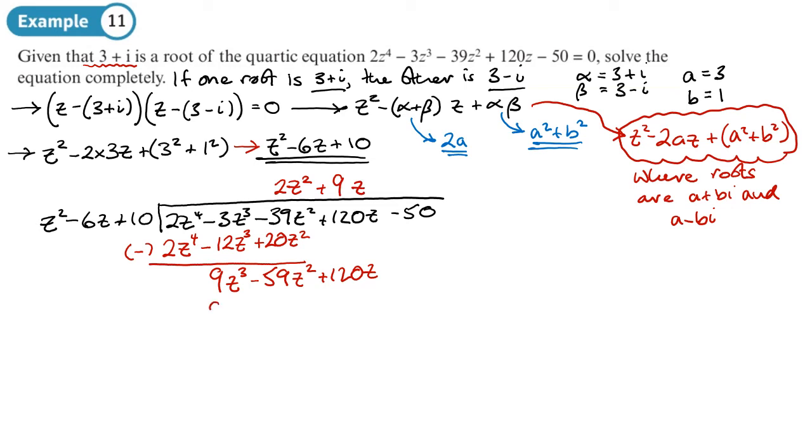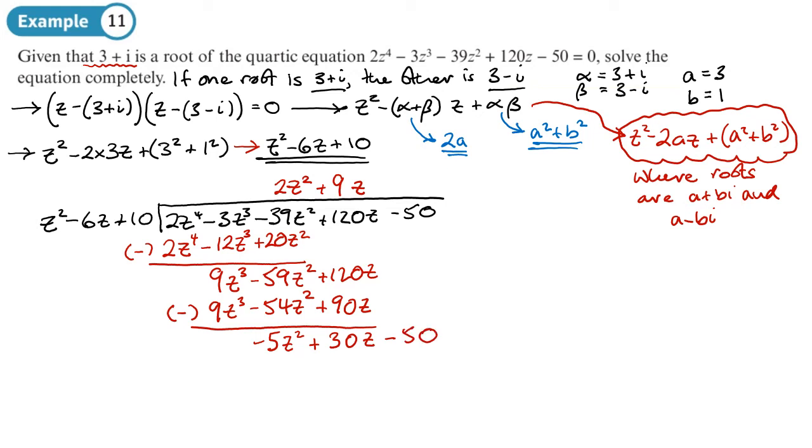Multiply by the divisor, so 9z cubed, 9 times 6 is 54, so negative 54z squared, and then plus 90z. Subtract, let's see what's left. Negative 59 minus negative 54 will give me negative 5, so minus 5z squared, and then 120 minus 90 plus 30z minus 50.